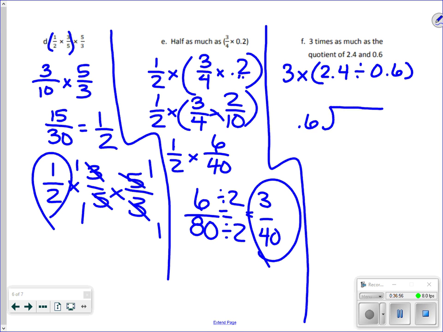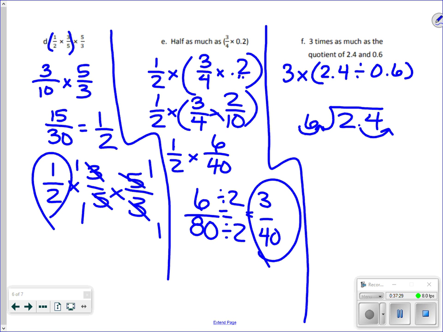Decimal on the outside, decimal on the inside. You cannot divide with the decimal on the outside. I've taught you this. It's just been a while. You forgot. You have to move it. If you move it on the outside, you have to move it on the inside. I move it over 1 spot. So then I have to move it over 1 spot.